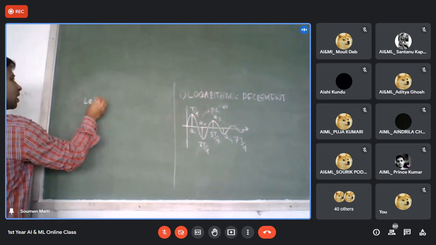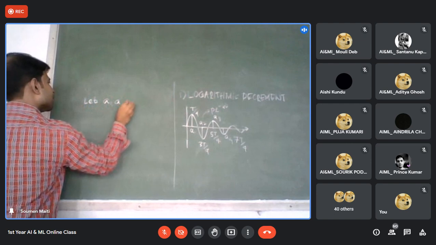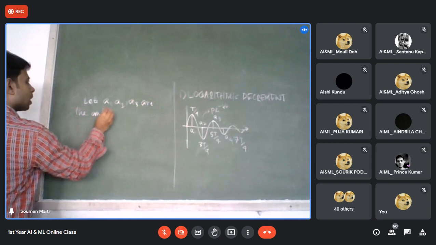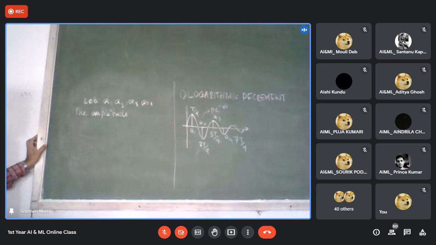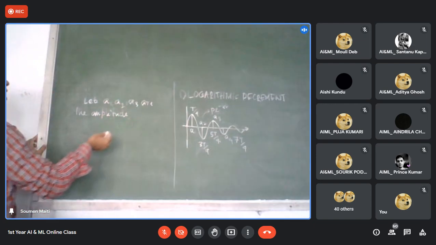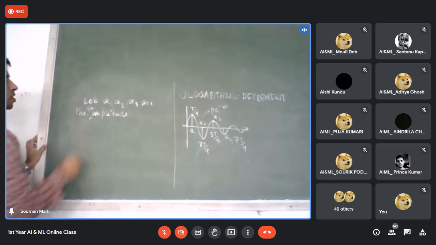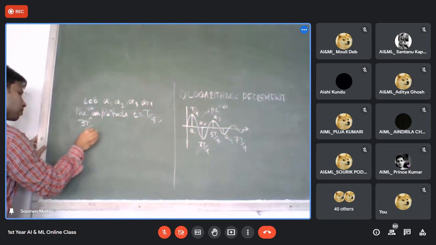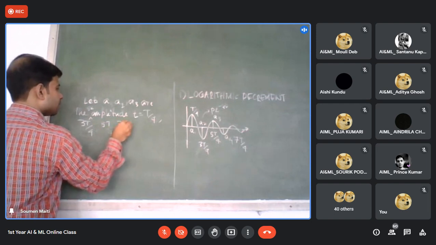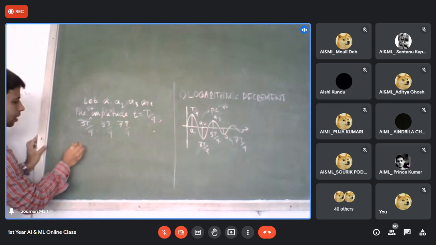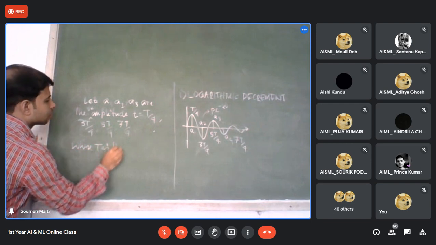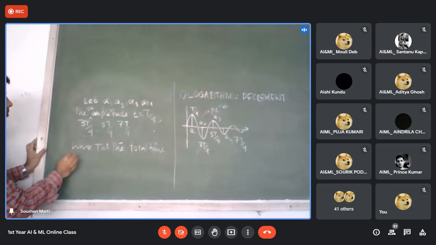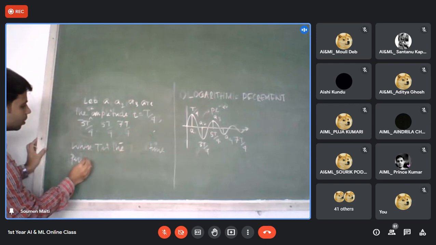Let A1, A2, A3 be the successive amplitudes at t equal to T by 4, 3T by 4, 5T by 4, 7T by 4, and so on, where T is the time period of oscillation.